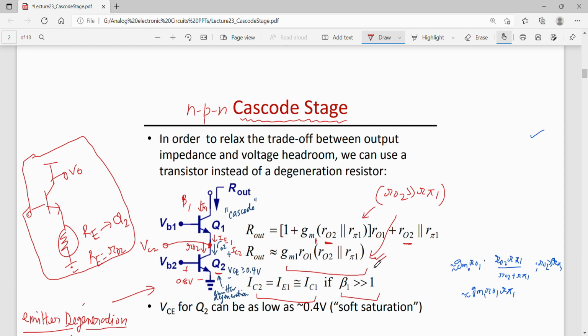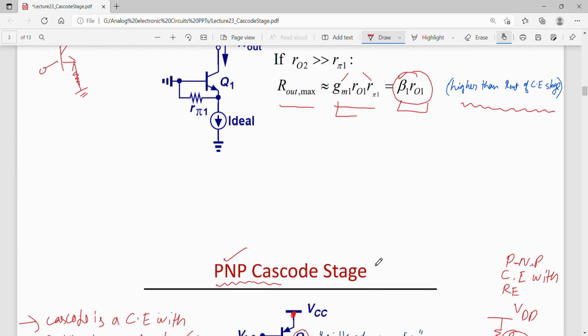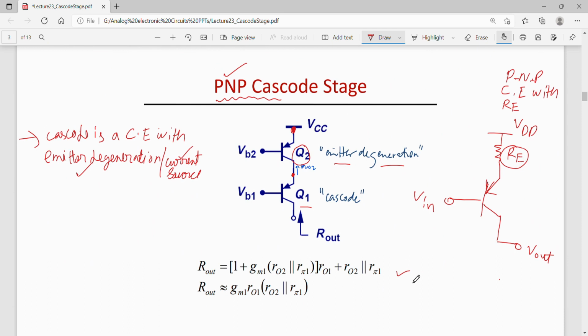Exactly similar output impedance for the PNP cascode, that is R out is gm1 RO1 and RO2 parallel to R pi 1. Looking into the collector of Q2, the impedance is RO2, so RO2 is in parallel with R pi 1 here.